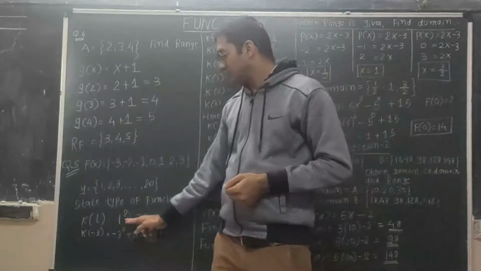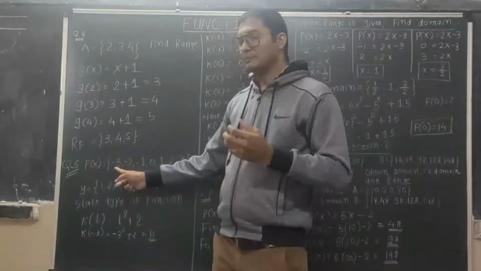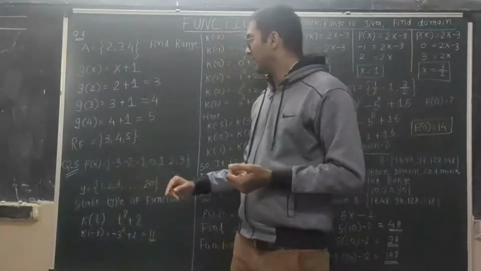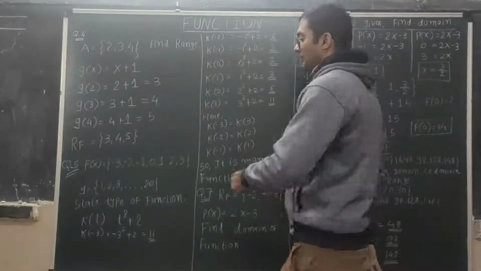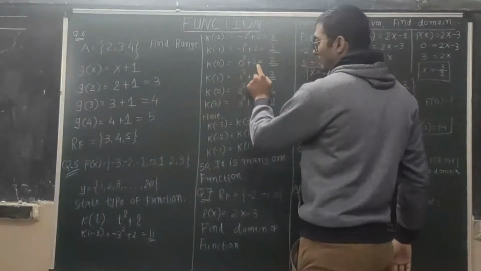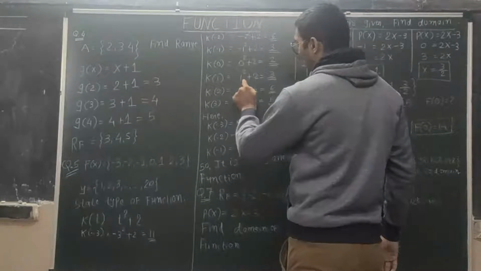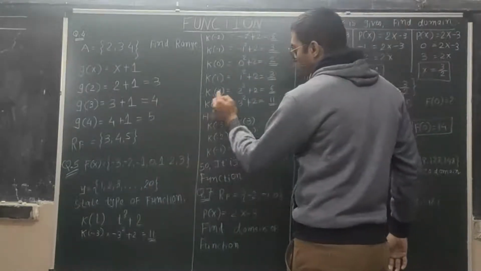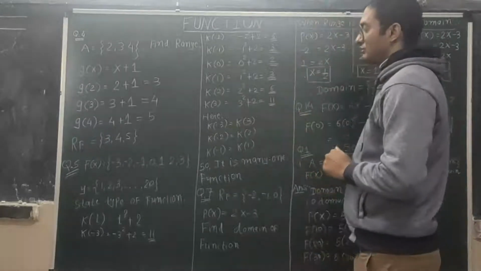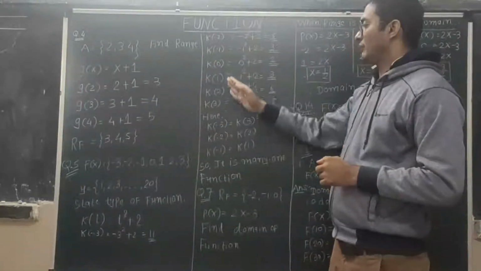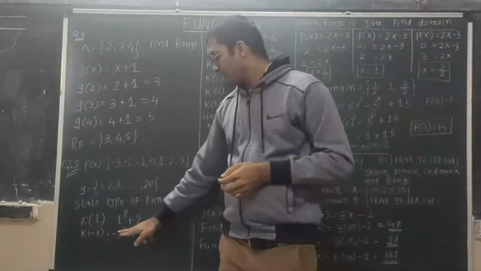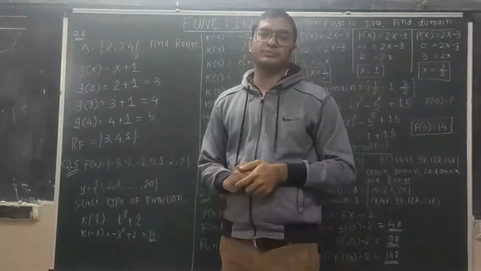In t square plus 2, first we put the value -3, then (-3) square plus 2, (-2) square plus 2, (-1) square plus 2, 0 square plus 2, 1 square plus 2, 2 square plus 2 and 3 square plus 2. So we find the values accordingly. First of all, (-3) square plus 2.